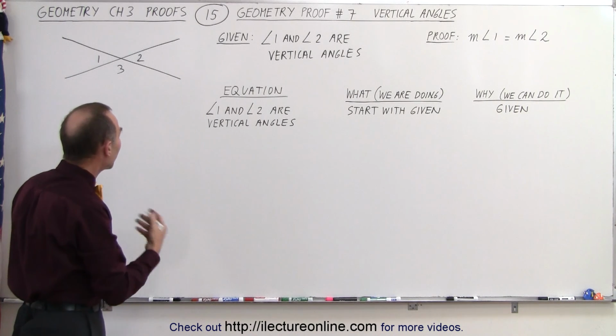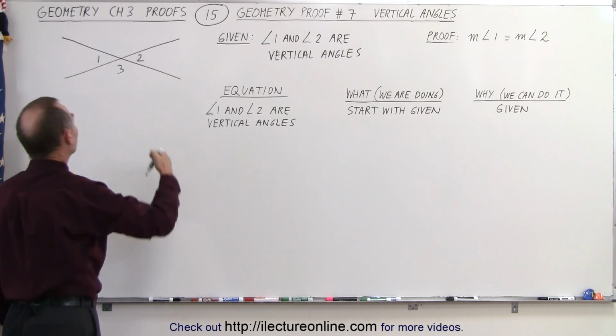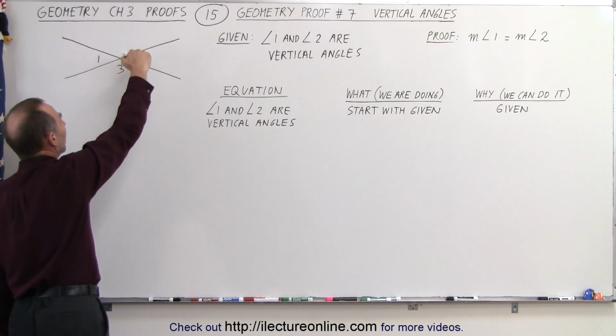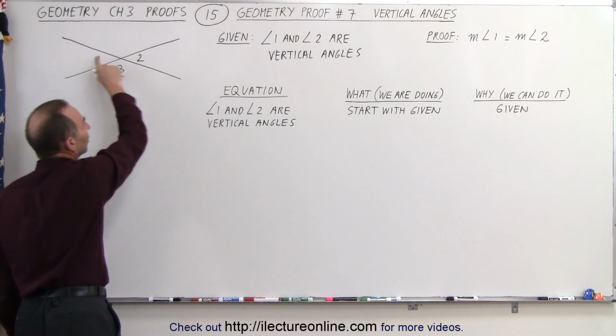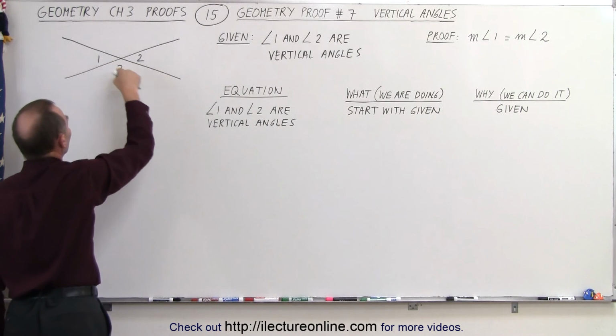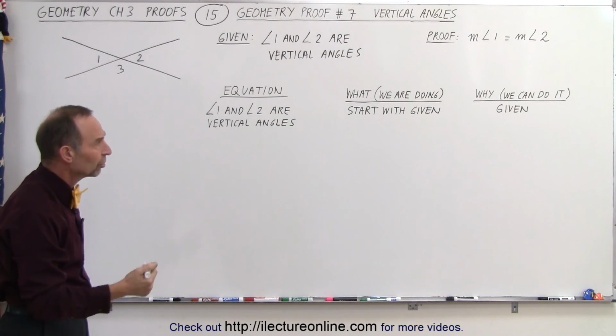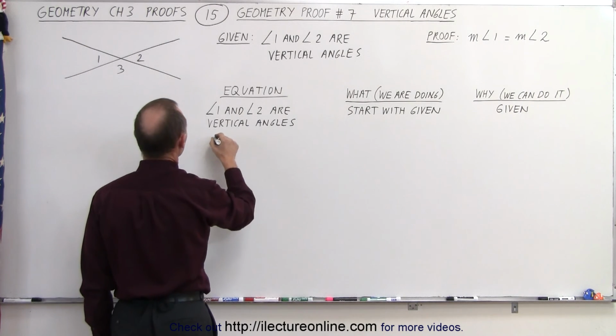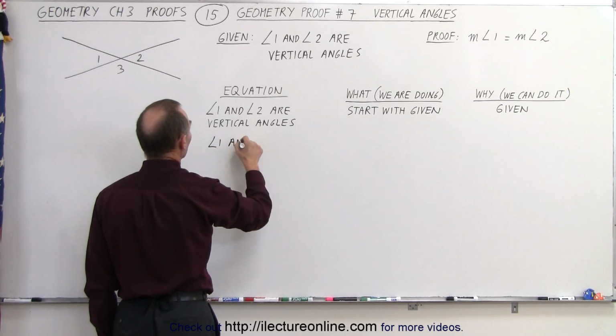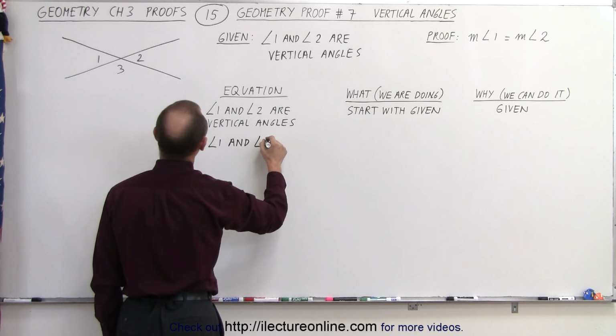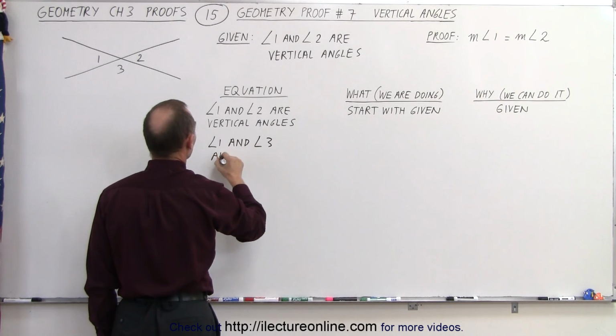That's by the postulate of linear pairs. Whenever we have two lines that cross, the opposite angles are vertical angles and the adjacent angles are called a linear pair. So we can say that angle 1 and angle 3 are a linear pair.